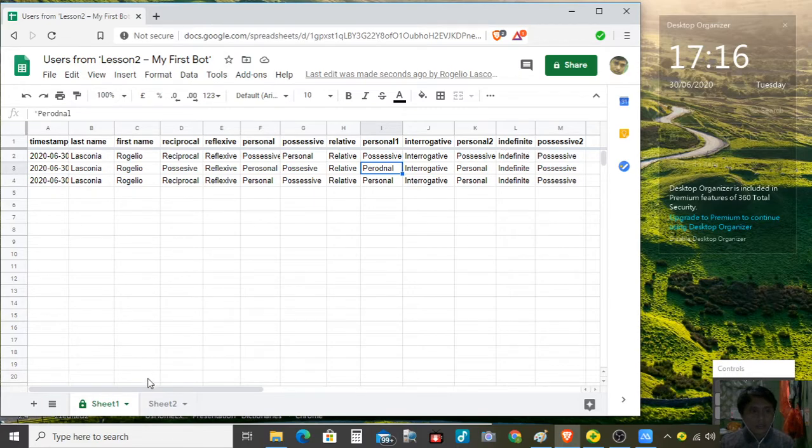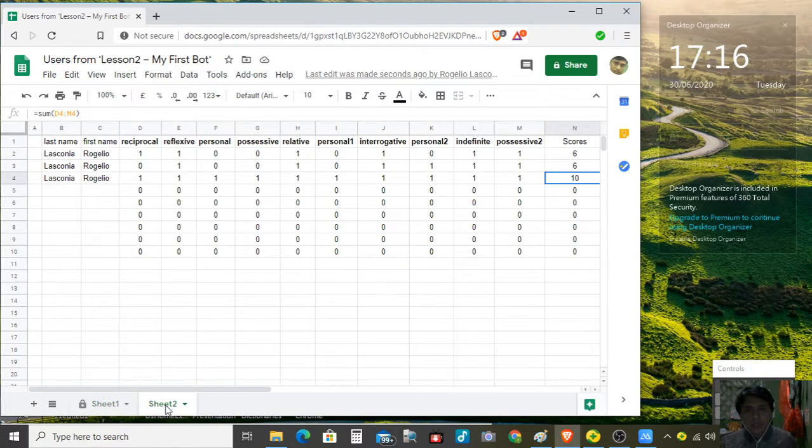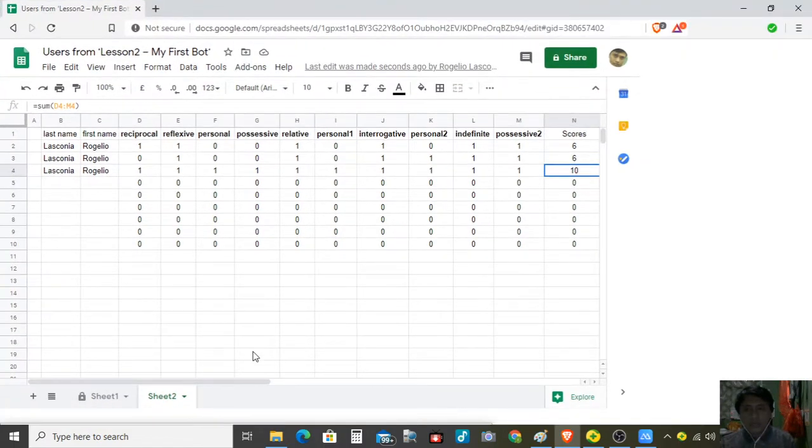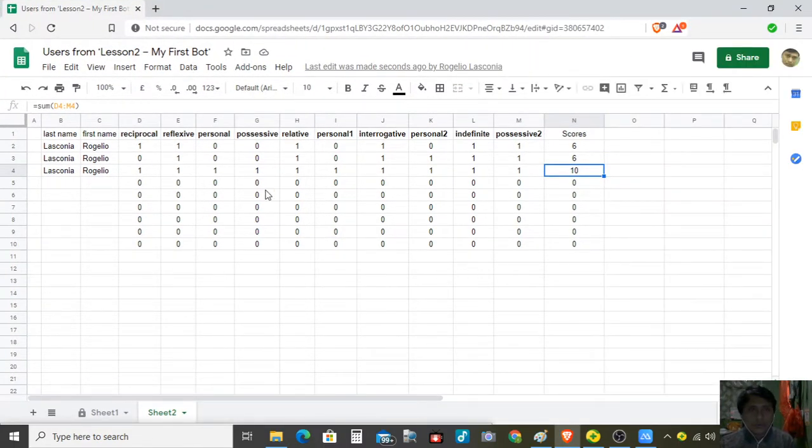These responses will be converted to numbers, so we create sheet 2. In sheet 2, these are the scores of the students.